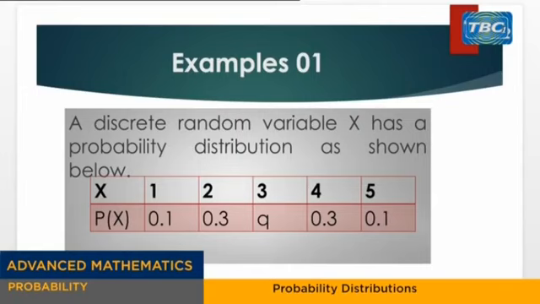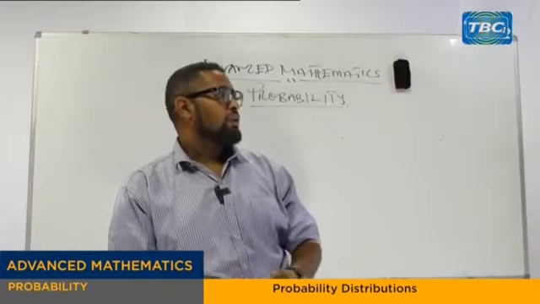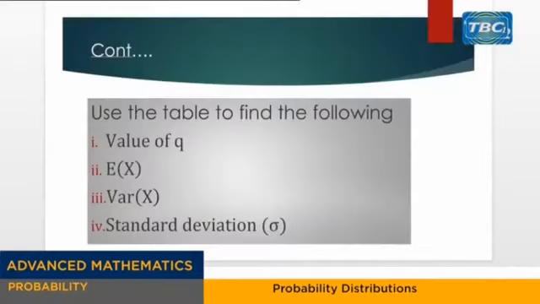The table contains the variable x: 1, 2, 3, 4, 5 with their probabilities 0.1, 0.3, q, 0.3 and 0.1. So these are just the information for a discrete random variable x. Now the question: use the table to find the following. First, the value of q.